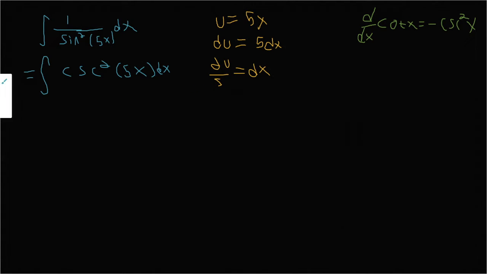Alright, so let's rewrite this integral in terms of u. So cosecant squared u du, and then you have 1/5.